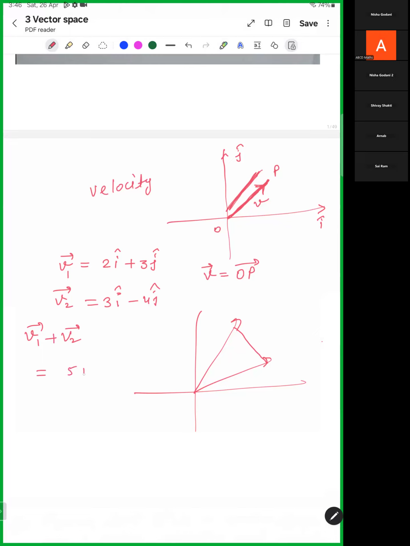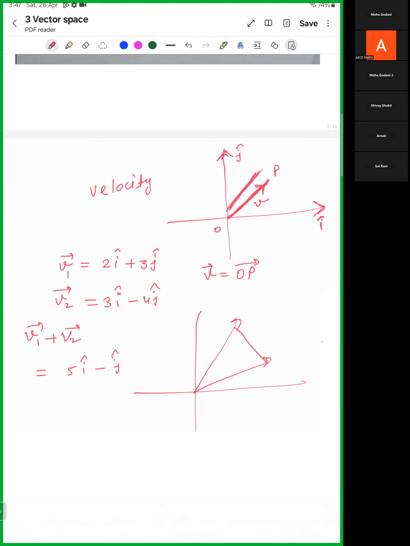So it will be 5i cap minus j cap. i cap is a unit vector along the x-axis, j cap is a unit vector along the y-axis. So we can add two vectors, we can subtract two vectors, we can have a product of two vectors, and products are also of two types: the dot product and the vector cross product.